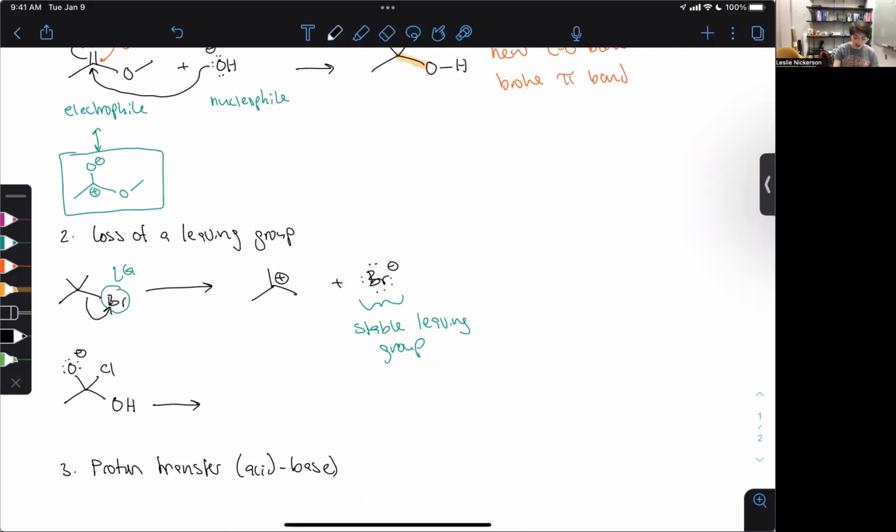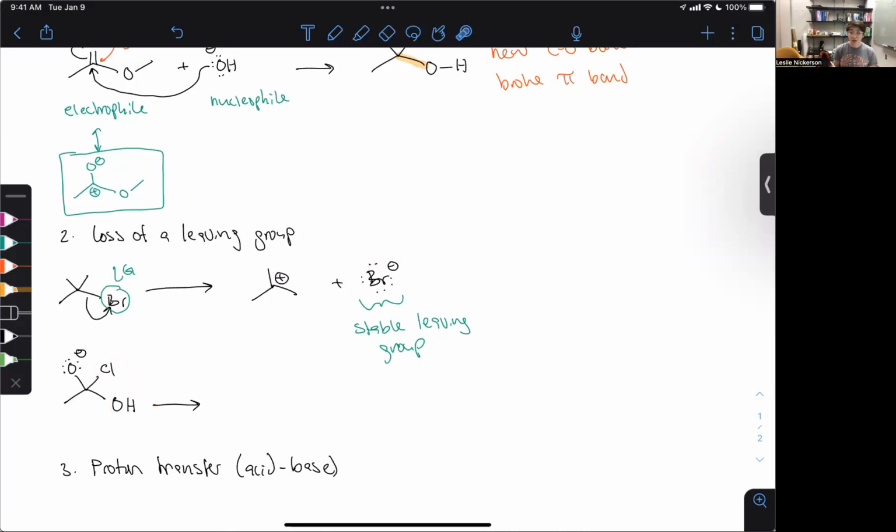Carbon does not want to be negative. Carbon and hydrogen, you will not see them as leaving groups just as they are. So carbon and hydrogen are never leaving groups. But chlorine and oxygen are both electronegative atoms. We know that in a lot of cases that holds the negative charge quite well.